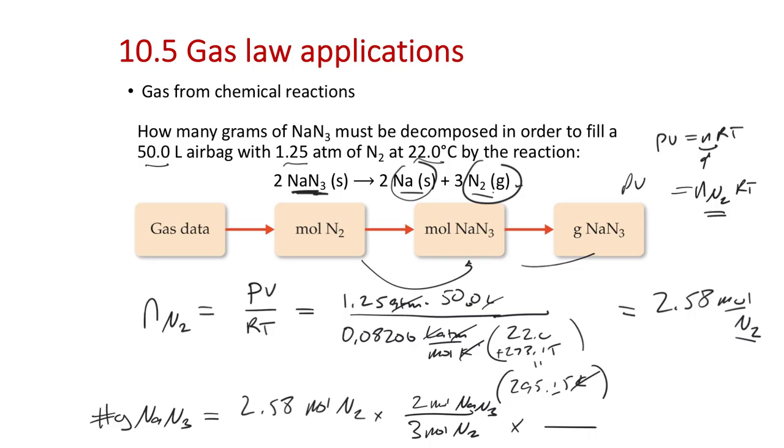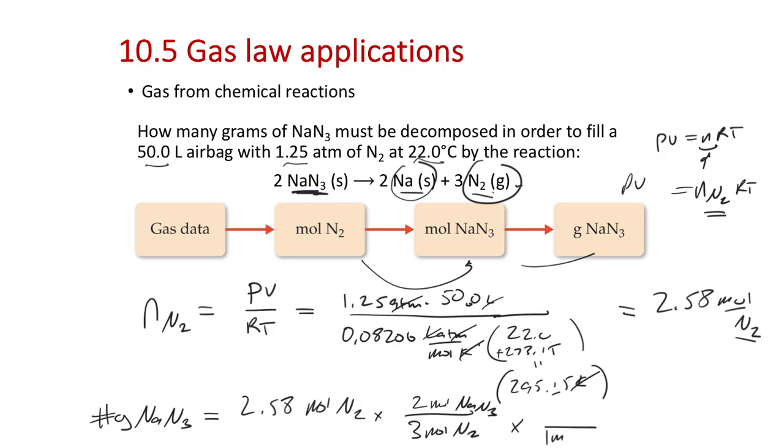So it's 23.00, or technically it's 22.99. I don't know why I like to use 4 sig figs. I mean, if you are rounding, it's probably not the end of the world. 14.01 for nitrogen times 3, that's 65.02.